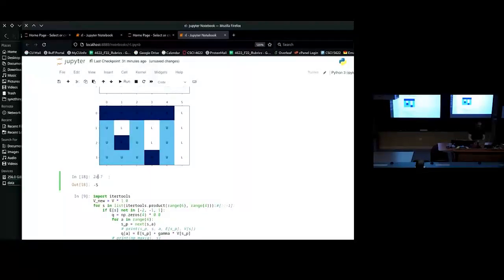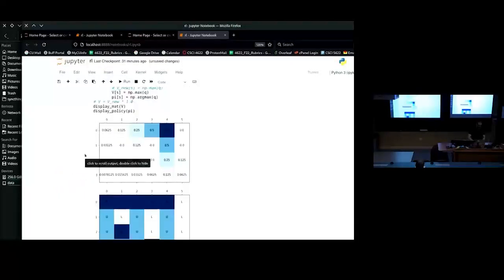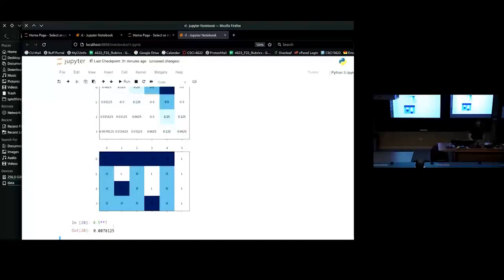Sorry, exponential. So there's 0.5 to the power of 7. Yeah. So last time we found that it was gamma to the power of 7, and this is exactly the value we get here. All right.